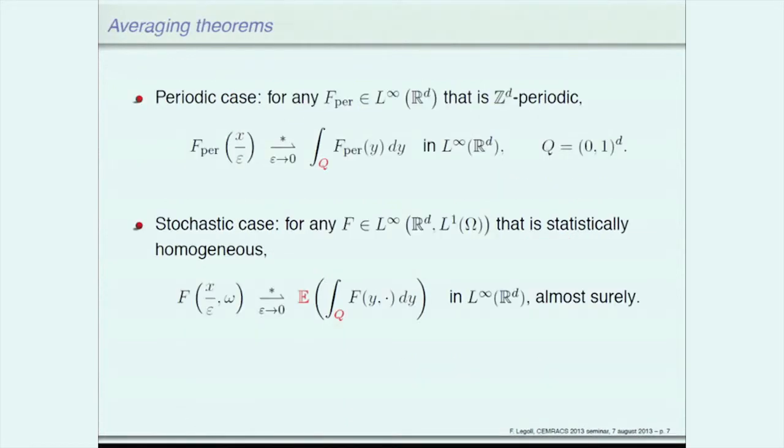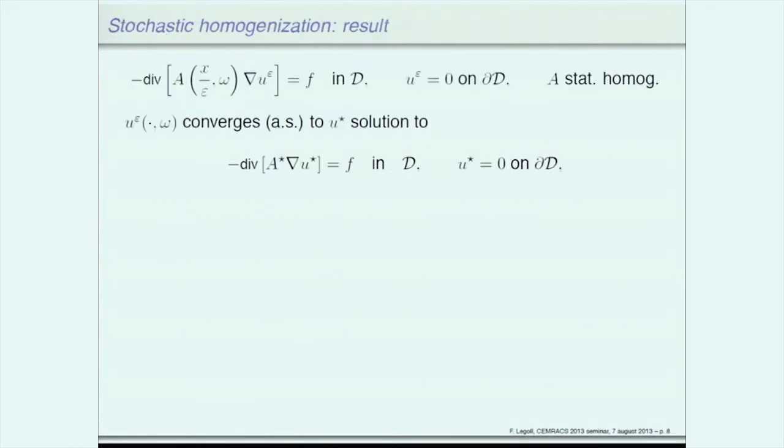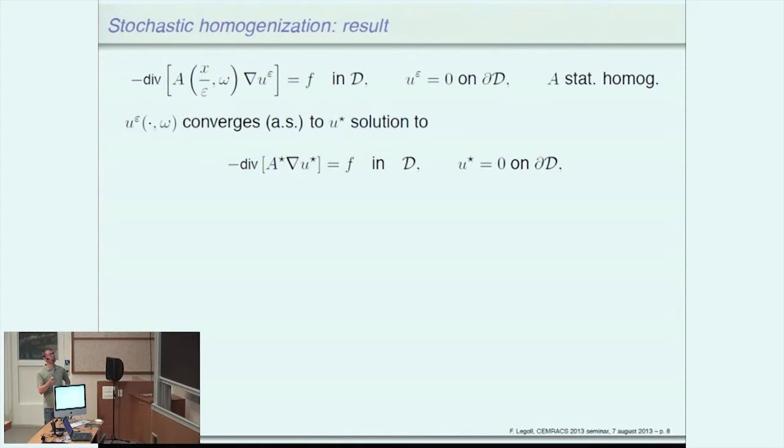And under this assumption, you can consider this equation, which is the random equation, where this coefficient here has this property which I call statistically homogeneous. So it's not periodic realization per realization, but on average, it has this periodic property. So I've got a statistically homogeneous coefficient.